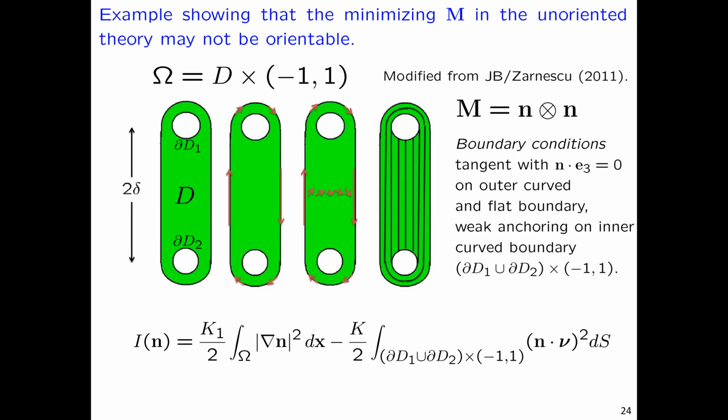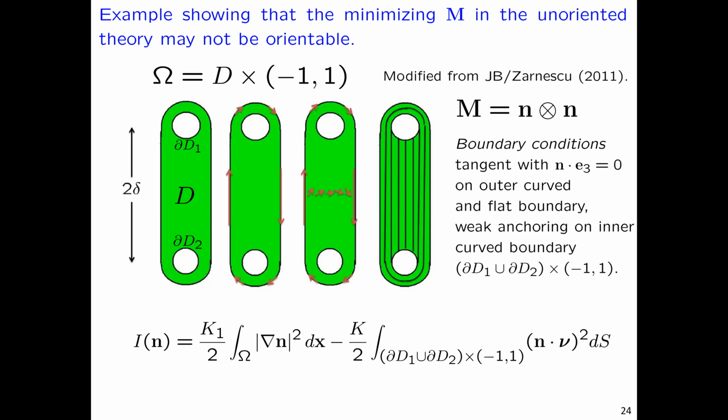So you can estimate the energy. It's a sort of one-dimensional calculus of variations problem. You can estimate this energy along this line. So along this line, the integral of the gradient of n squared is bounded below by some number.